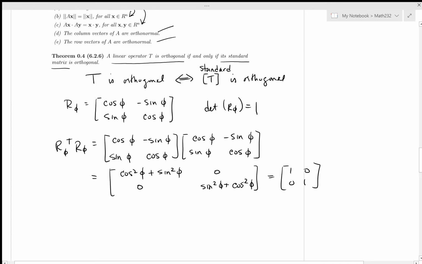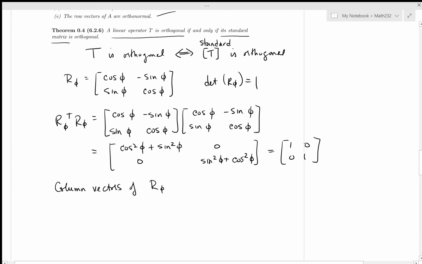Okay, as a further example of these properties, let's look at the column vectors of R phi. There are two columns. Column 1 is cos phi, sine phi.